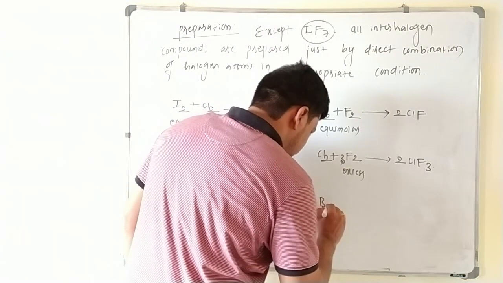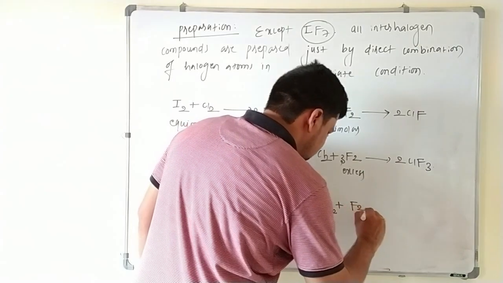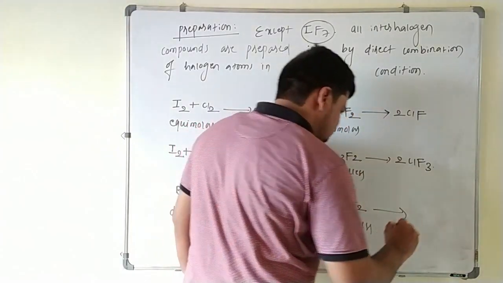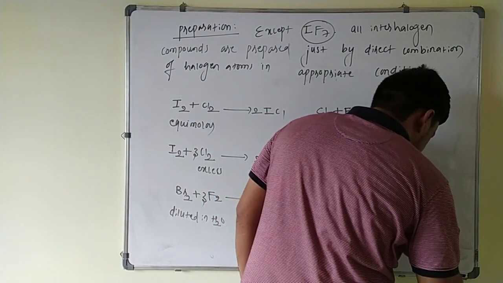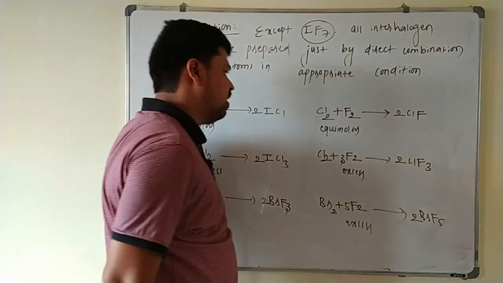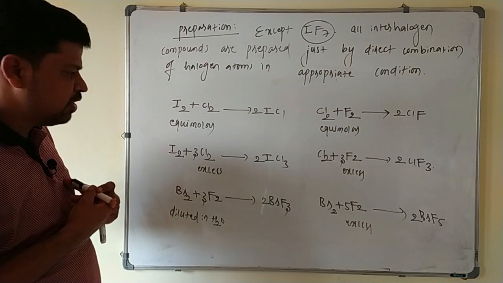If you take fluorine in excess, Br2 combines with F2 in excess quantity, then BrF5 is formed, 2 times, so that this is 5 times F2. This is the preparation of interhalogen compounds.